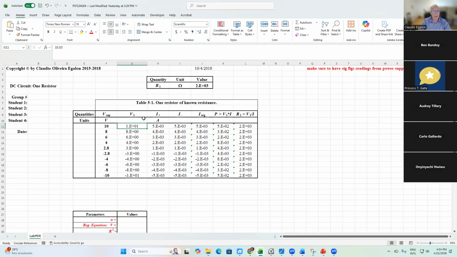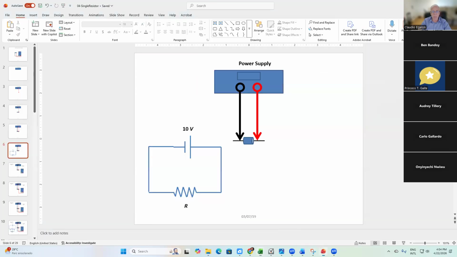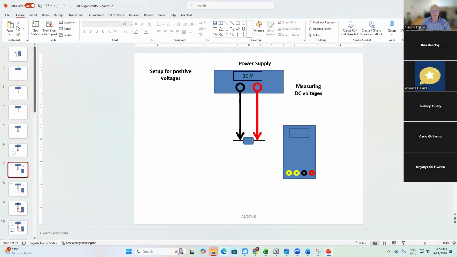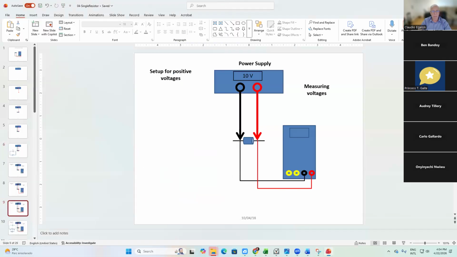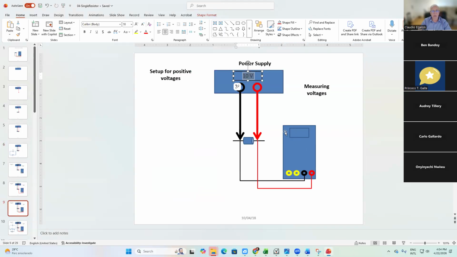That's what V1 is. Going back to my multimeter, my slide. Here you go. Red cable of the other two red cables. Here you go, black cable. Whatever voltage is indicated here in the power supply should be indicated here in the multimeter.